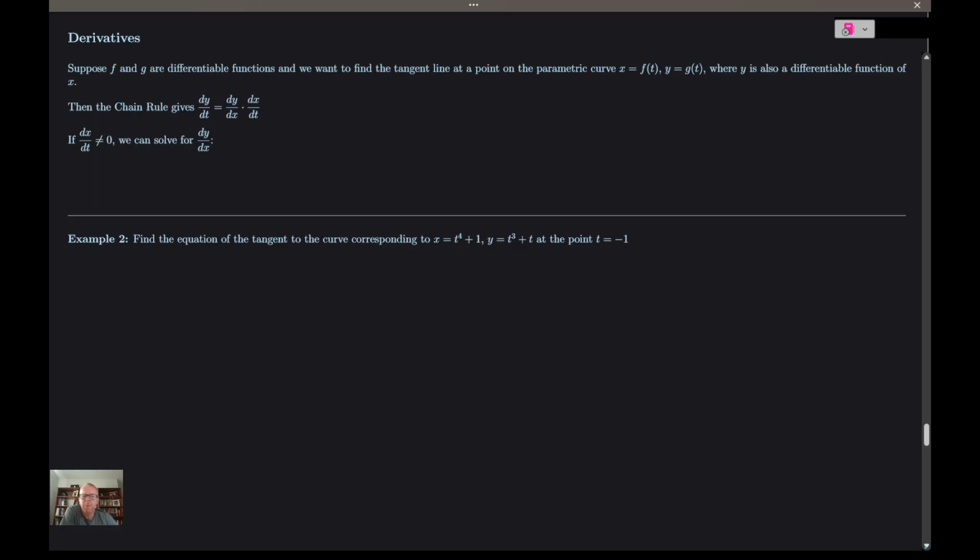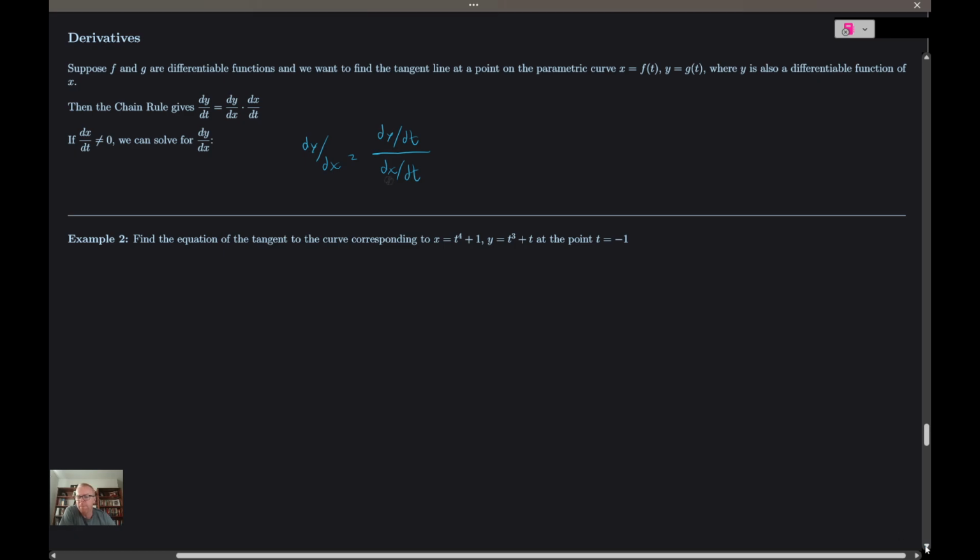So if we solve this for dy/dx, we end up with dy/dx equals dy/dt over dx/dt. So if we want to find the derivative of y with respect to x, this is how we can do it.